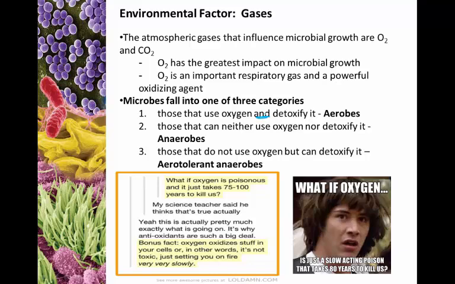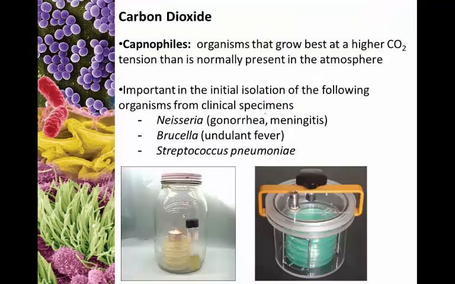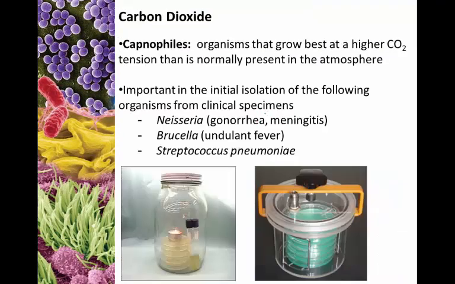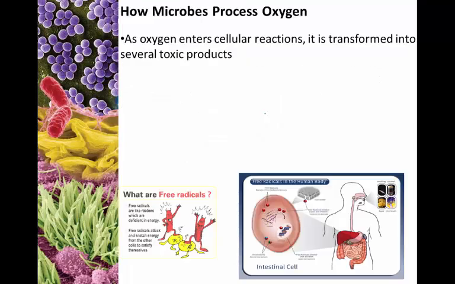Well, the answer is coming up. Actually, I'm going to go ahead and move to here, how microbes process oxygen. And I'm going to back up and get back to those generalized terms in just a minute. But the reality is oxygen is what we consider a free radical.